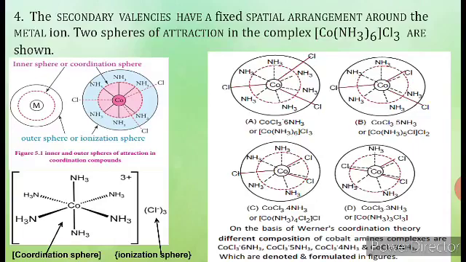So here in this third example you can see 4 ammonia molecules and 2 chloride ions are inside the coordination sphere, and only 1 chloride ion is present outside the coordination sphere. One thing you should keep in mind: those particular ions which are present outside the coordination sphere, in the ionization sphere, which satisfy only primary valency, we are not writing their number.